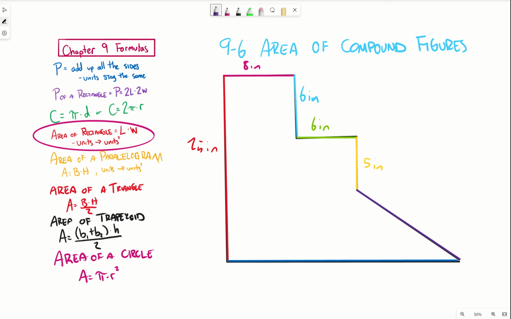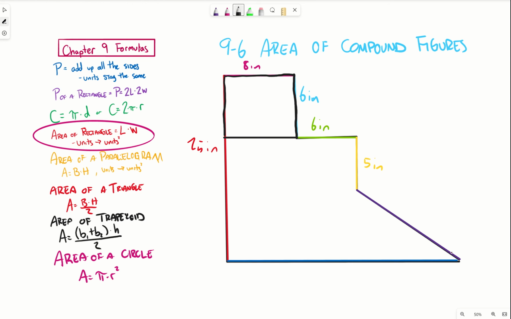So let's break this into some shapes that might be easy for us to figure out. Here is a shape right here: here, to here, to here, to here.